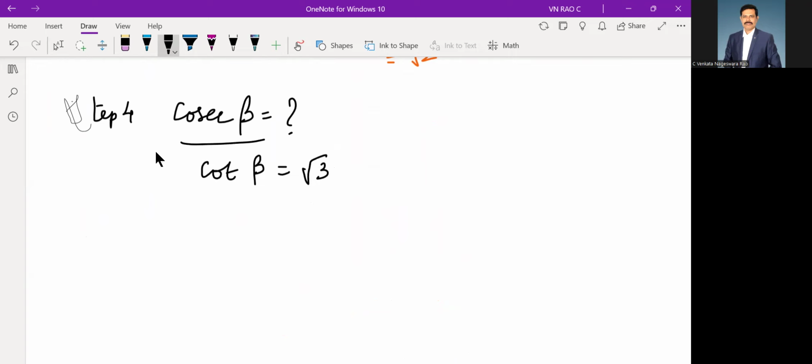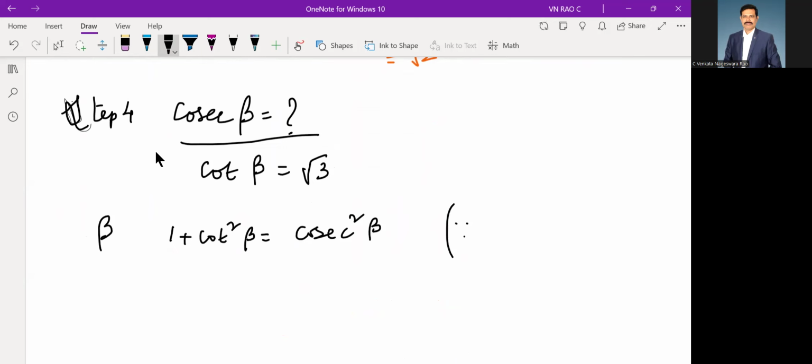Now we need to find cosecant beta, so we need to immediately recollect the identity between cosecant and cot. The identity is that 1 plus cot square beta is equal to cosecant square beta.